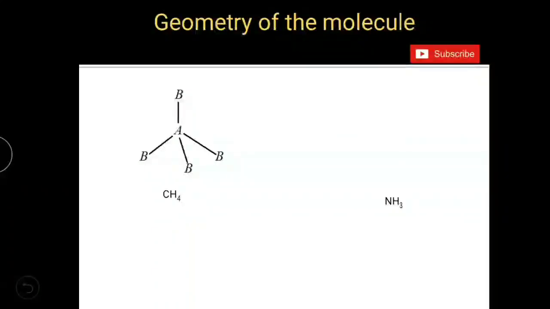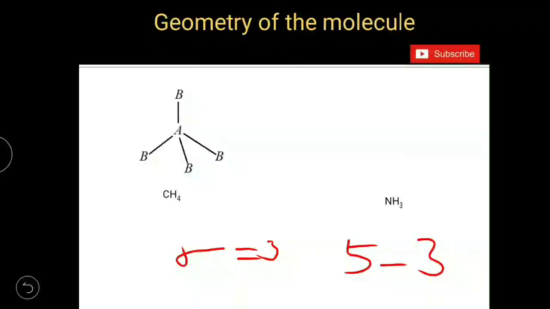And ammonia, central atom is nitrogen. It is bonded to 3 hydrogen atoms. So sigma bonds equal to 3. And let us find out lone pairs. Valence electrons in nitrogen atom is equal to 5. Out of them, 3 are involved in bond formation with 3 hydrogen atoms. So you got 2 more electrons left out in nitrogen, which is equal to 1 lone pair.